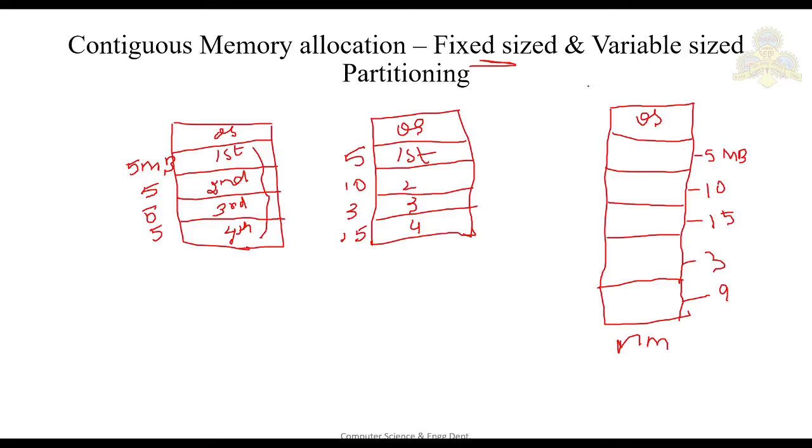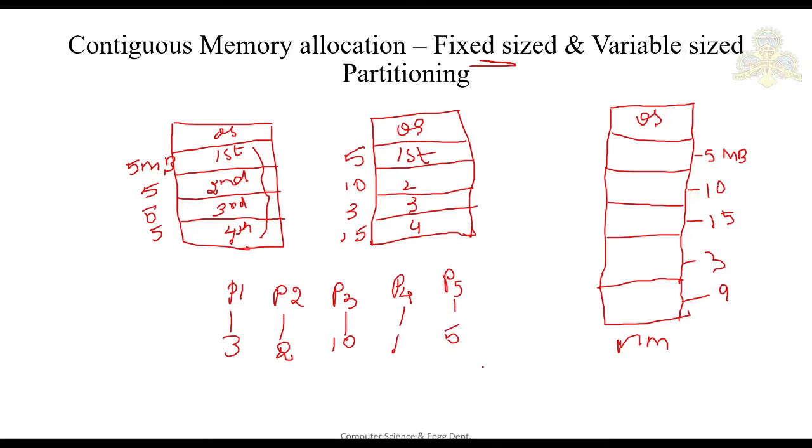Okay, so suppose now we have 5 processes in the system: P1, P2, P3, P4, and P5. The size of process P1 is 3 MB, P2 is 2 MB, P3 is 10 MB, P4 is 1 MB, and P5 is 5 MB.